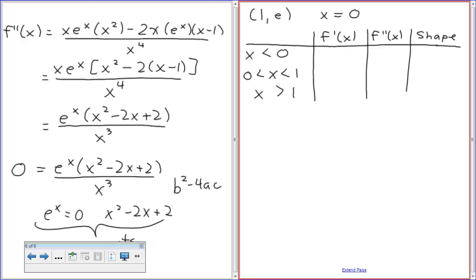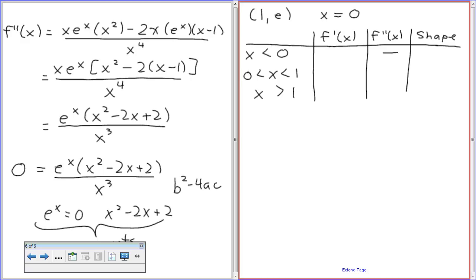Okay, when x is less than 0, let's start with f double prime. Let's choose -1. e to the -1 is a decimal, times -1 squared is 1, minus 2 plus 2 becomes a positive, all over a negative. This should be a negative. Can somebody confirm that for me? That is negative?